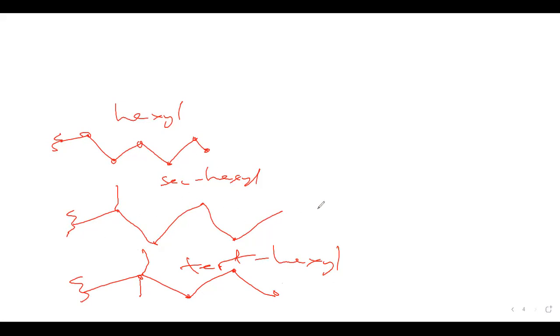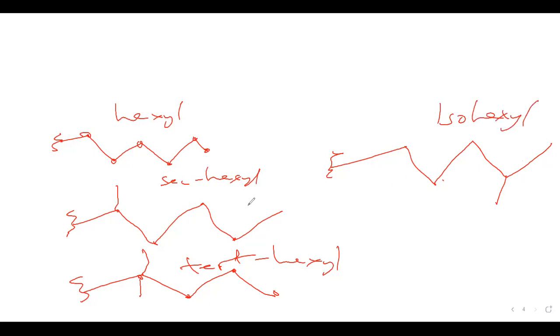Tert-hexyl. Then if I'm supposed to draw isohexyl, this is my parent chain, right? Go to 1, 2, 3, 4, 5. Good. Then the last but one should have one split, so 6. Then this will be isohexyl.